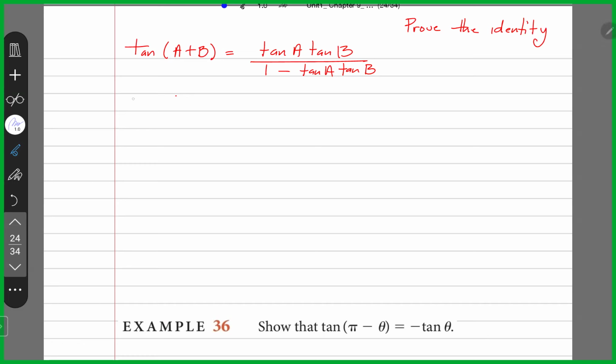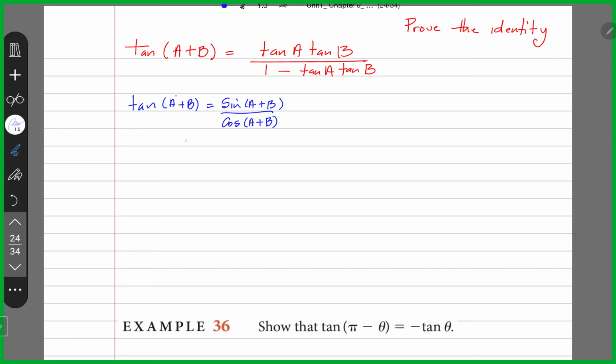That tan(A + B) is the same as saying sine(A + B) over cos(A + B).